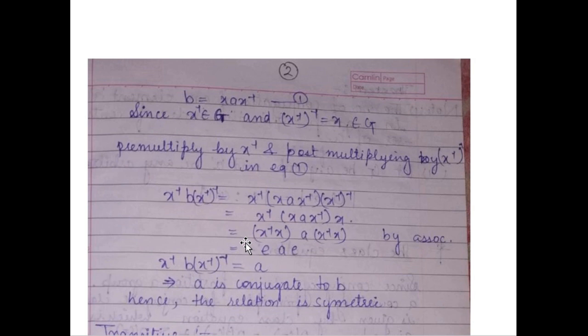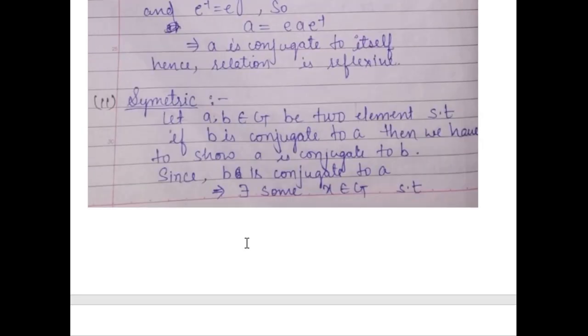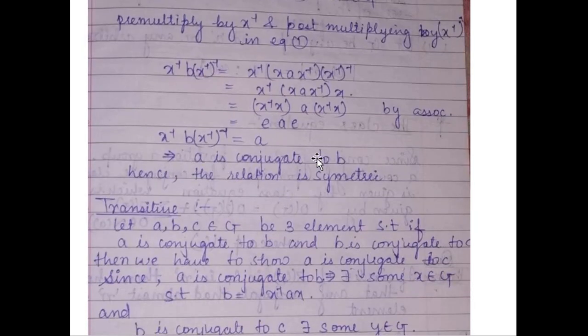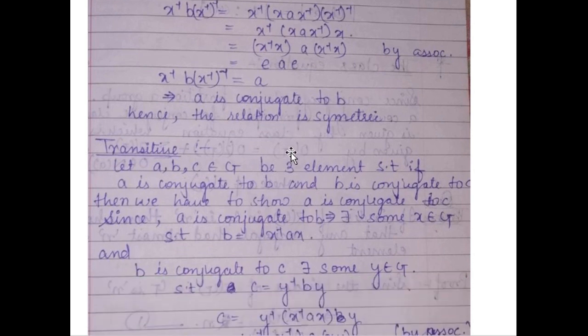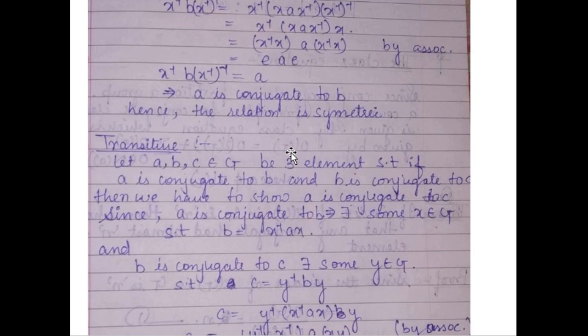So this implies A is conjugate to B. So what we have shown is that if B is conjugate to A, then A is conjugate to B. That is, the relation of conjugacy is a symmetric relation. So we have proved two things, reflexive and symmetric. Now it is left to prove that this relation is transitive.